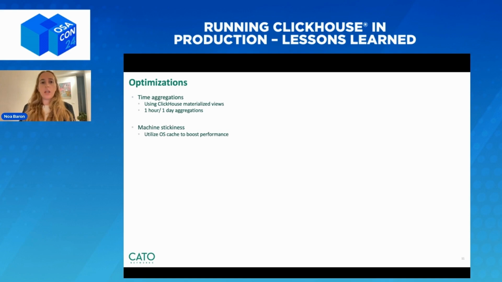Machine stickiness. We found that a significant portion of the time a query runs on ClickHouse is when ClickHouse loads the data from the disk. And for our customers' usage, many times we have repeating queries. What I mean by repeating queries is where a customer will start by sending an initial query over some period of time, and then will probably zoom in a little bit and add a filter or two.